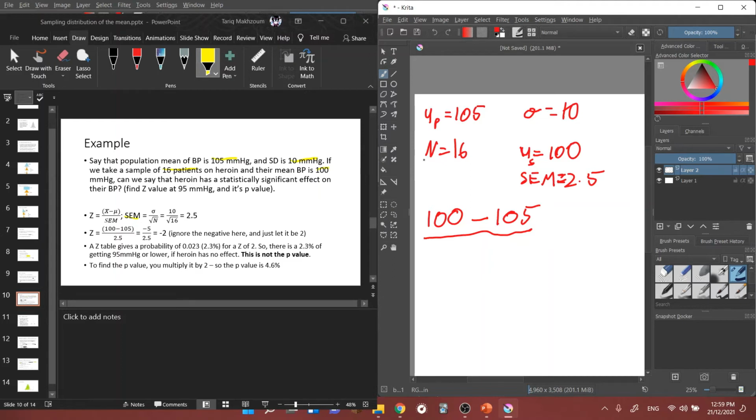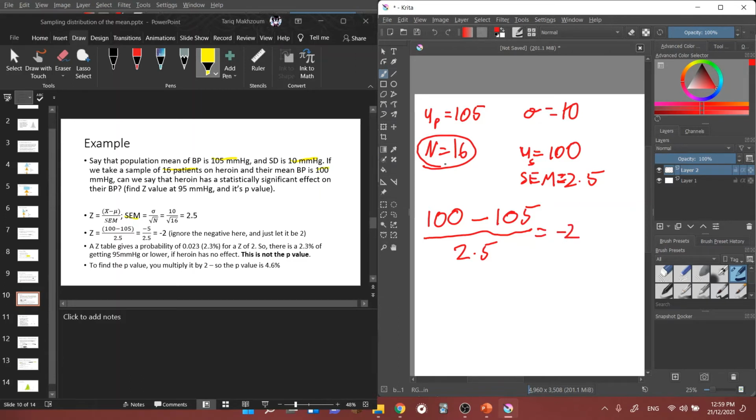Now, because we're taking a sample here, we're going to work with the sampling distribution. And remember, a sampling distribution has a narrower standard deviation than the population standard deviation. And the sampling distribution standard deviation is the standard error of the mean. And so in this case, it's 2.5. And so if you put this number into a calculator, you're going to get -2.